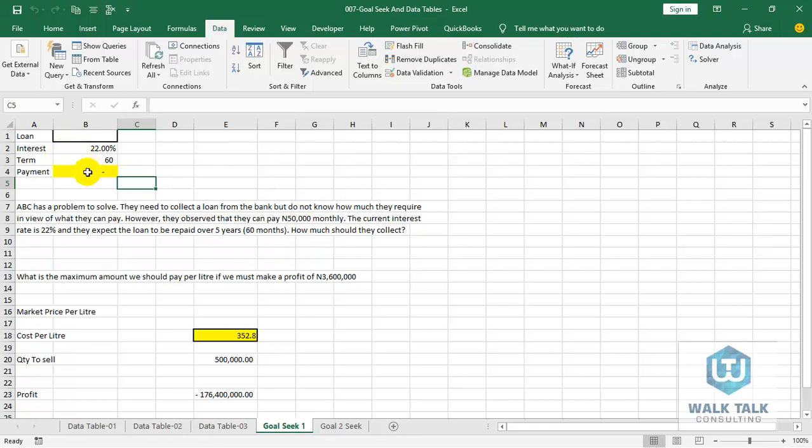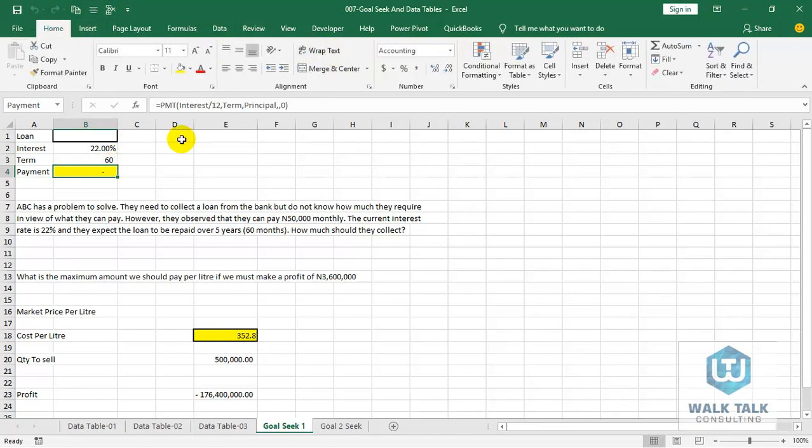So what you need to do is to use the PMT function to calculate a base. We don't know the loan, this is the unknown, the input we are looking for that will help us to achieve an output. Because I have named this range, that is why you are seeing these names in the functions.